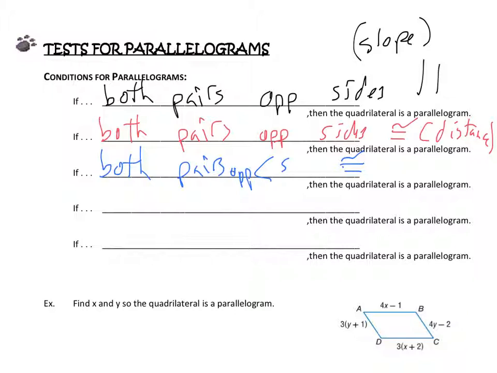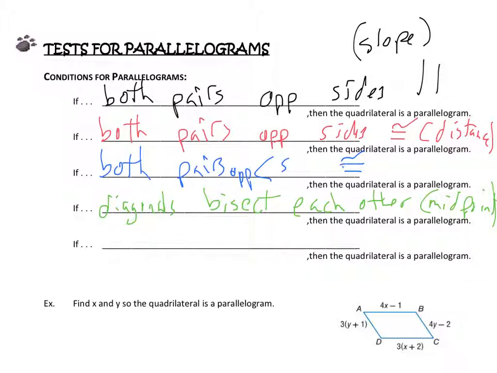Both pairs of opposite angles are congruent, then it is a parallelogram. The next one, if the diagonals bisect each other. And you'll recall from the last lesson, we're going to use the midpoint formula for that.